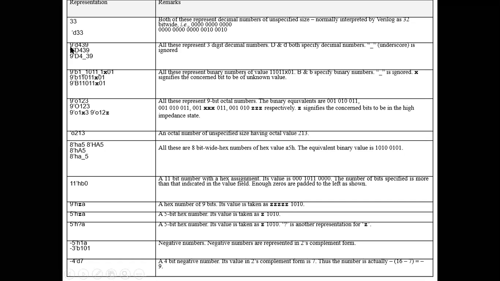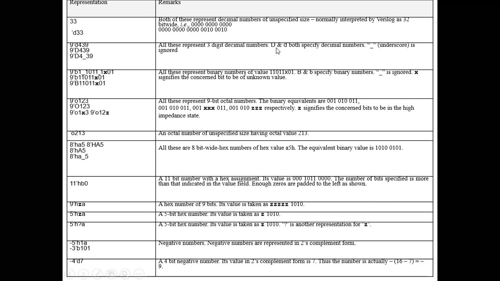For writing decimal numbers, we can represent with fewer bits. You can see here we are using 9 bits. All these represent a 3-digit decimal number. 439 is a 3-digit decimal number.